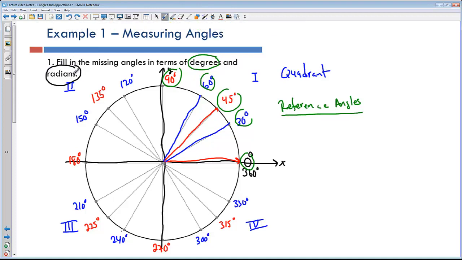So to do radians, it's basically another way to measure an angle. So for example, you can measure this distance right here. If we measured this, we might find that it's 1, 2, 3 inches. But instead of using inches, we could actually figure out what this is going to be in centimeters.